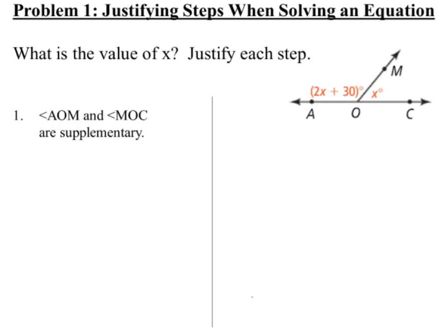So now this is going to be your first proof, and we have to justify each step. Okay? So my first statement says angle AOM and MOC are supplementary. And I have to say my why, my reason. For this, we could say that they're a linear pair.